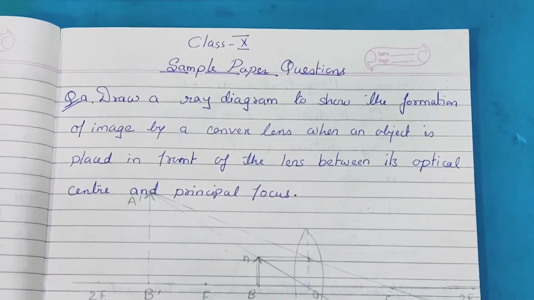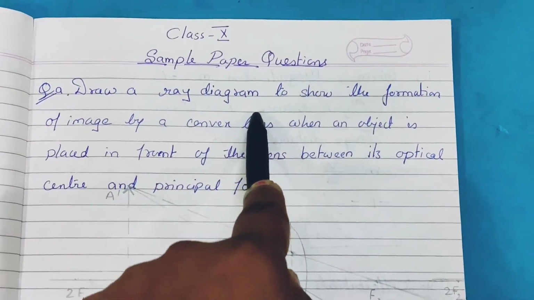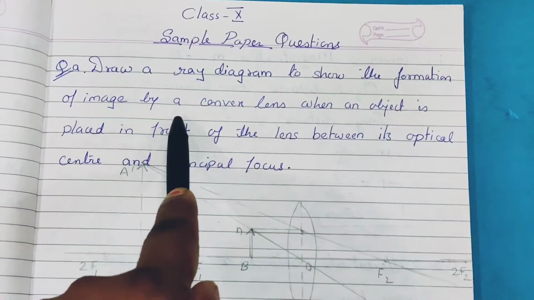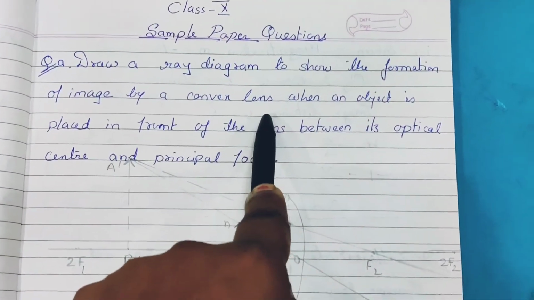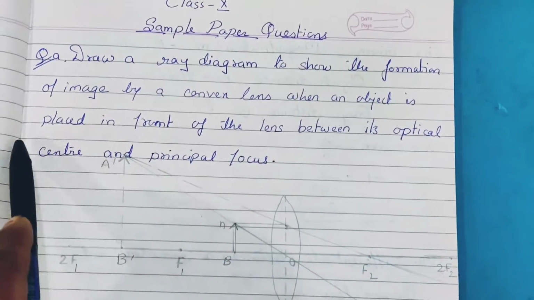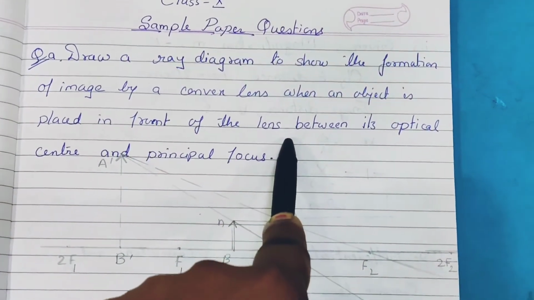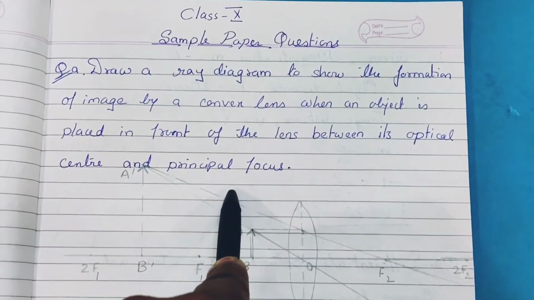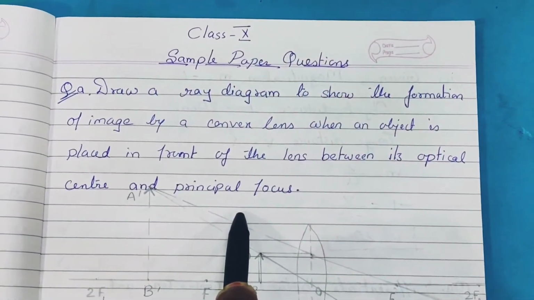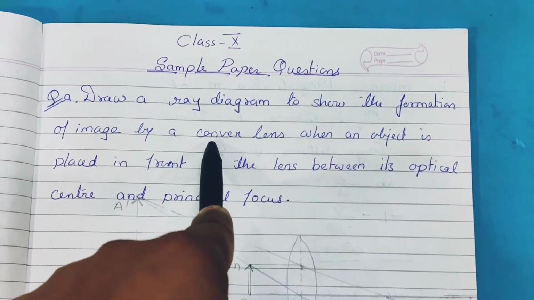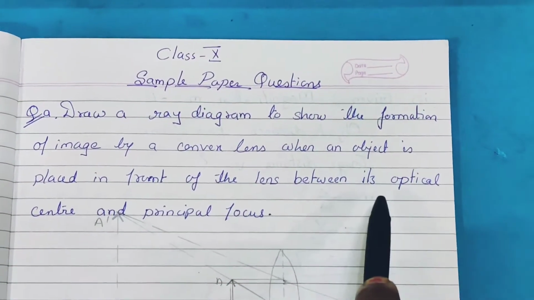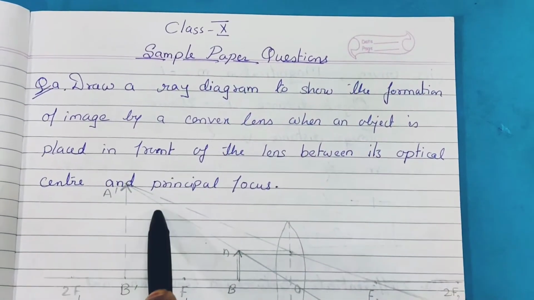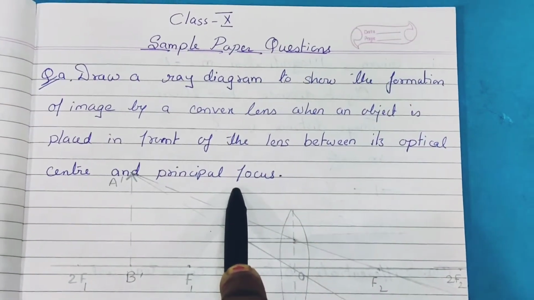So our first question is, draw a ray diagram to show the formation of image by a convex lens when an object is placed in front of the lens between its optical center and principal focus. So you have to make a ray diagram of what? Convex lens, where the object is placed between its optical center and principal focus.